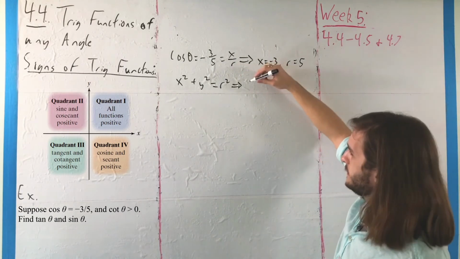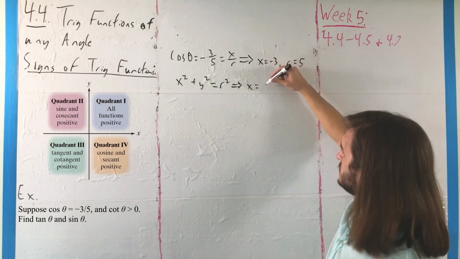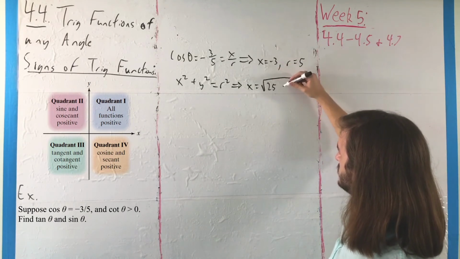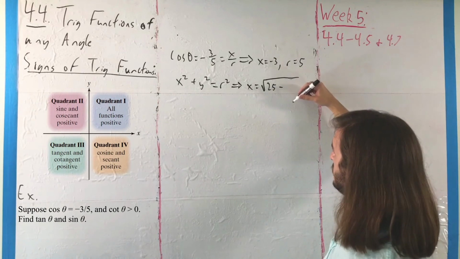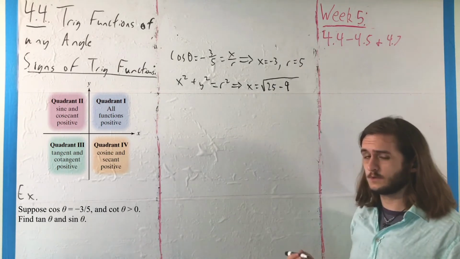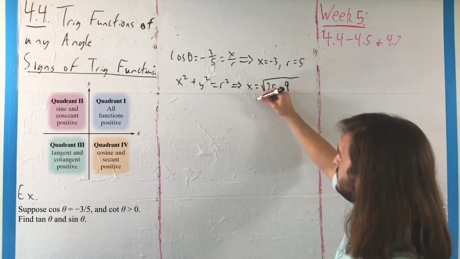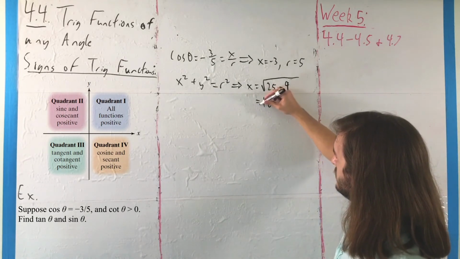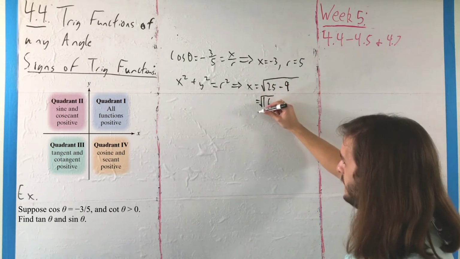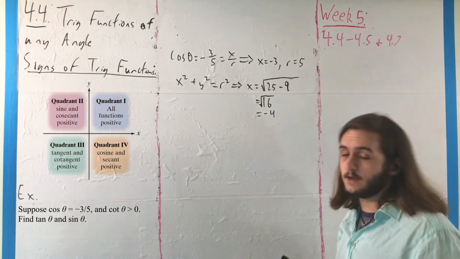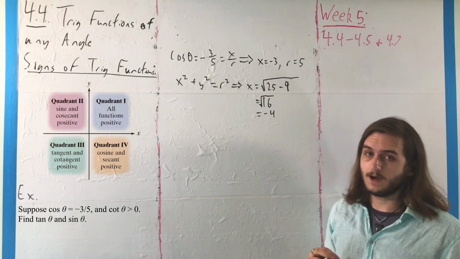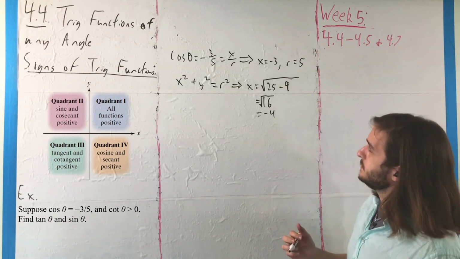Where here we would have y is equal to the square root of r squared, 25, minus x squared, which should be negative 3 squared, 9, which gives root 16. And in this case, by construction, that's going to end up being negative 4 because we're working in the third quadrant where y values would end up being negative.